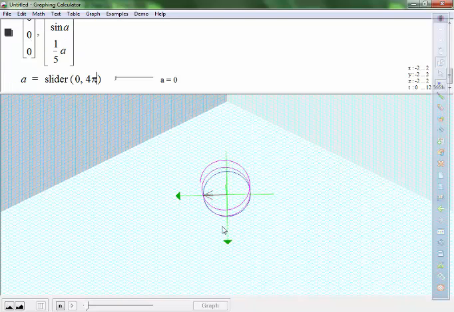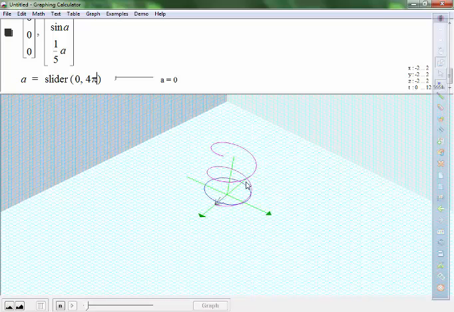So I'm going to make this vector, and if I use the original r function, remember, it is a vector that draws the helix itself, right? So maybe instead of looking at the derivative as a function, we can take a look at the derivative as a vector and see what happens with that.